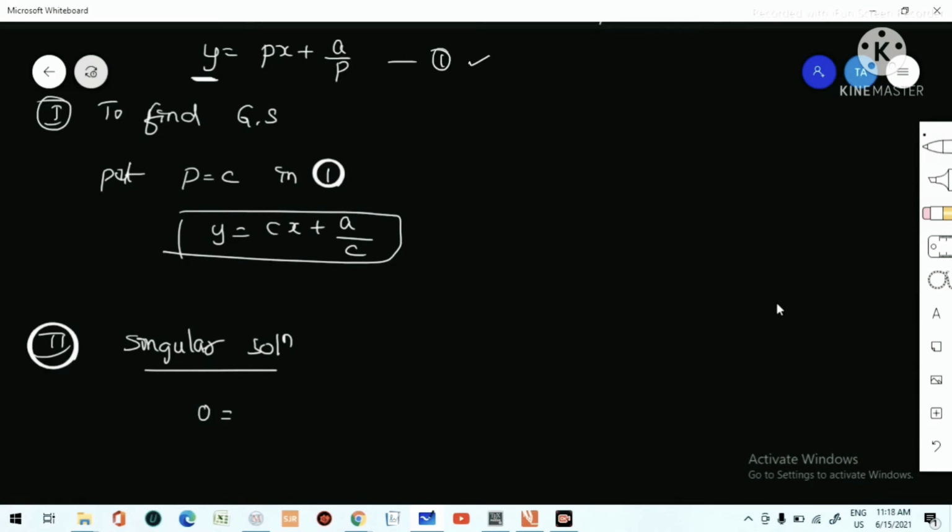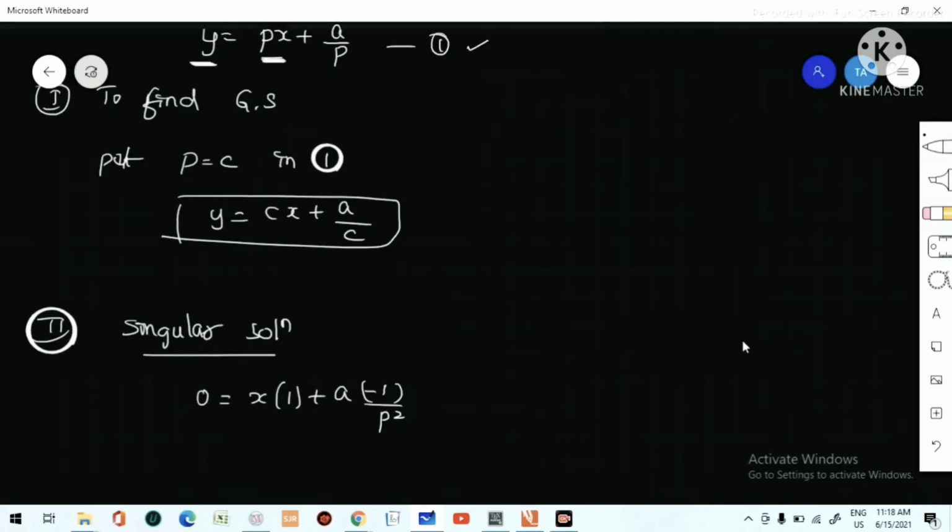On the right hand side, x is constant, the differentiation of p is 1, plus a is constant, the differentiation of 1 by p is minus 1 by p square. Are you getting it?